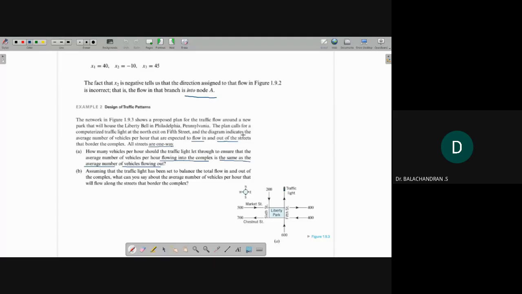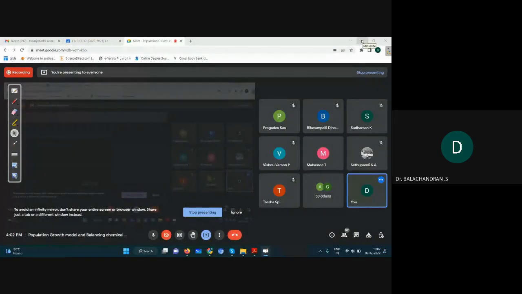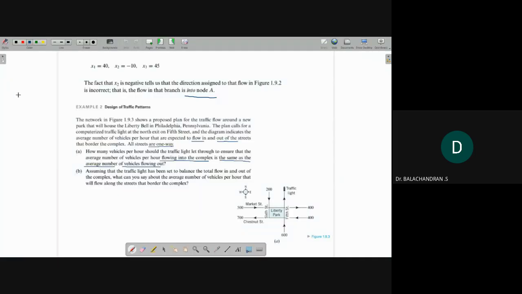And the diagram indicates the average number of vehicles per hour that are expected to flow in and out of the streets that model the complex. All streets are one way.